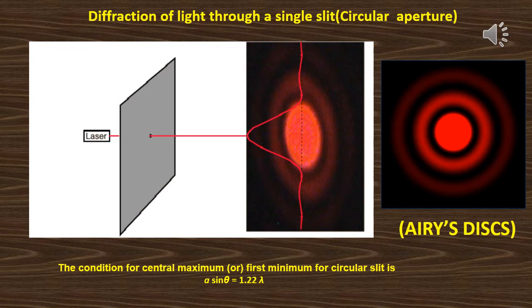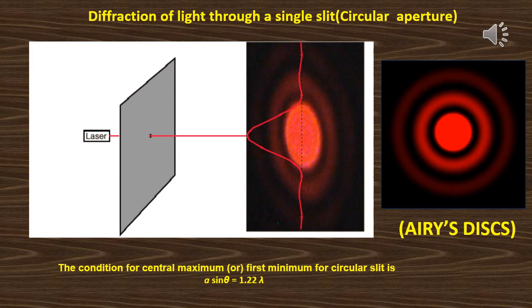But in most optical instruments like telescope and microscope, the shape of the apertures is circular in nature. When circular apertures are illuminated by monochromatic light like a laser lamp, the diffraction pattern appears as shown in the photo. The central part of the diffraction pattern is bright, called the central maxima. Around the central maxima, there is a region called first minima. The dark region around the central maxima is called first minimum.